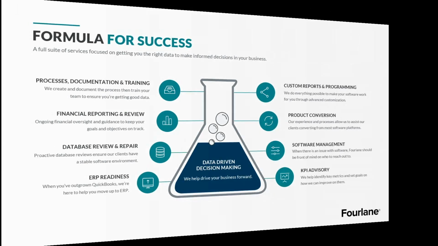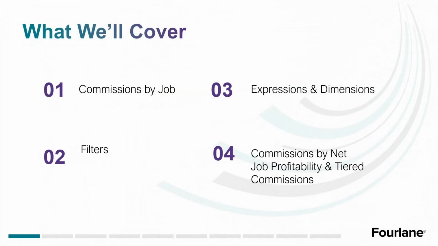Okay, so today what we're going to cover. On my last webinar, I was just saying this morning, they said, get to the reports faster. So we're going to start by diving straight into a report. We're going to look at the commissions by job report first and use that report to start to break down what filters are available, what the expressions and dimensions are, which are major parts of building a report in QuickBooks Advanced Reporting.